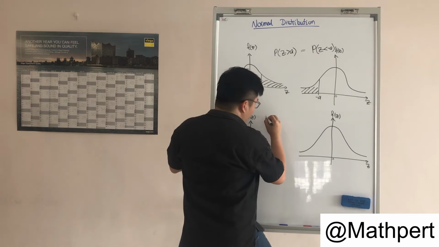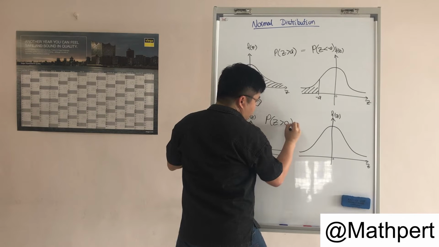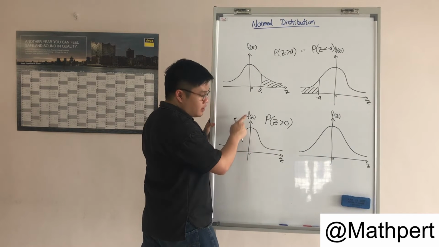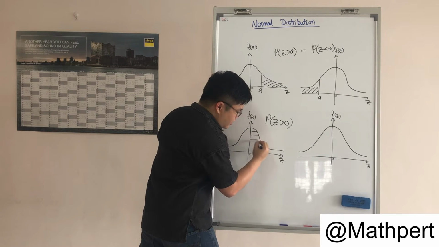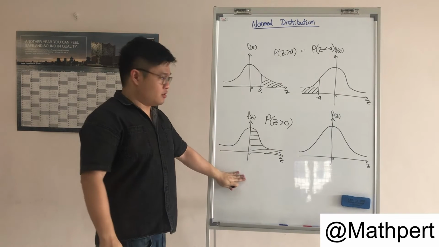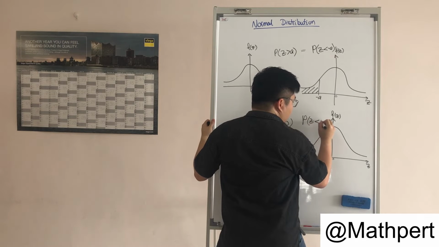So what if the question gives us Z bigger than 0? Meaning the 0 is at the f(z) axis, bigger than 0 is here. These are the shaded region. And what if the question gives us P(Z < 0)?